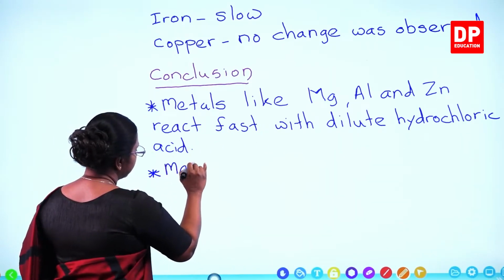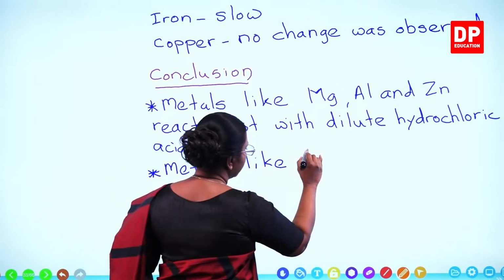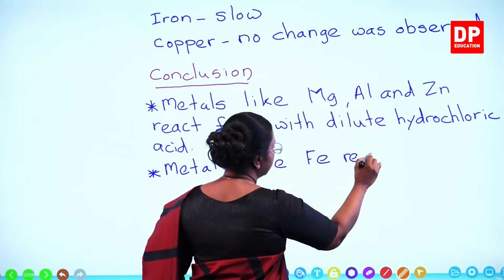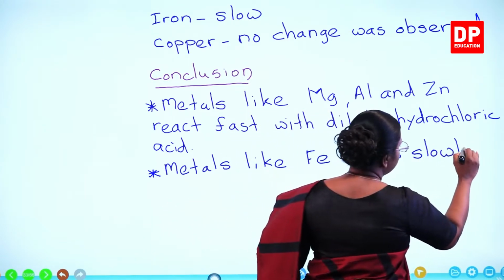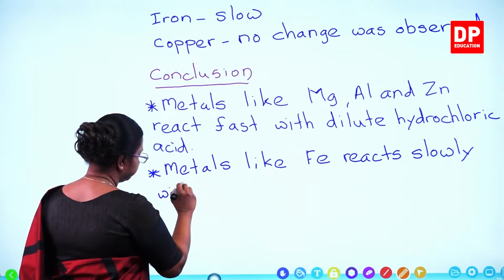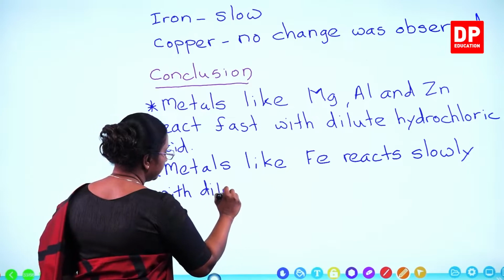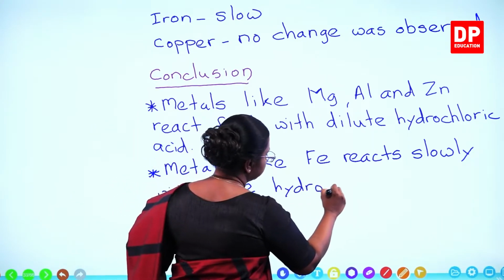Then metals like iron react slowly with dilute hydrochloric acid.